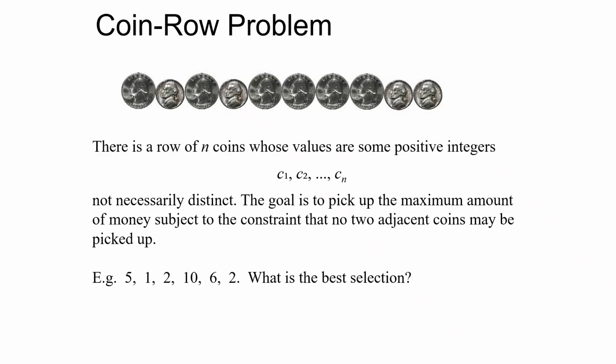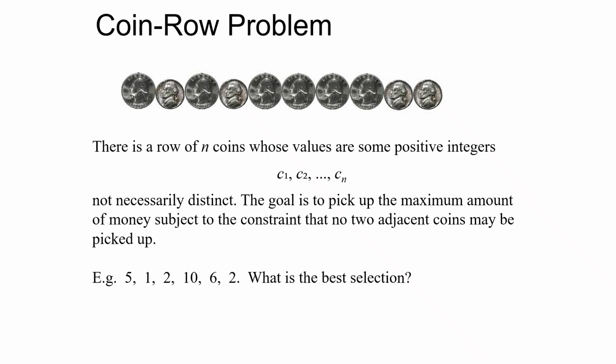Looking at those coins, if you solve this using a greedy method, you might pick up the coin with the value 10 first. When you pick up that coin, you can't pick up 6, which is the next greatest value. Okay, so you pick up 10, you can't pick up 6. What's the next one in line? The 5. You can pick up the 5 because it's not adjacent to 10. So now you're at 15.